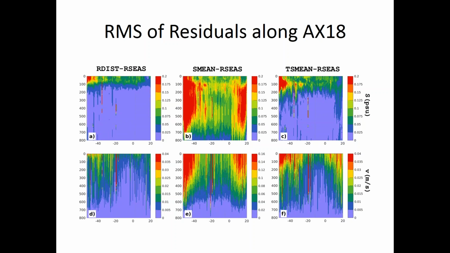Because we don't have a salinity to be like the original or observed salinity, we use the RSEAS method that we believe is the better one, and calculate these residuals, the other methods minus the RSEAS, the S mean minus the RSEAS, and the TS mean minus the RSEAS, for salinity and derived velocity along the section.